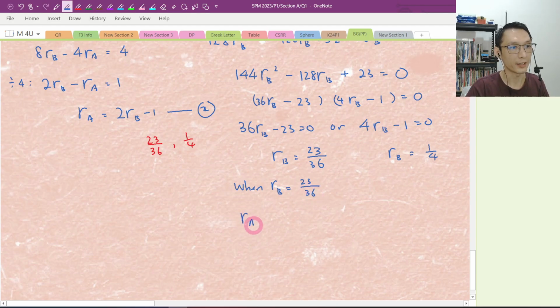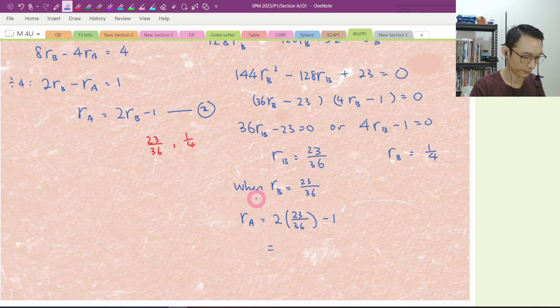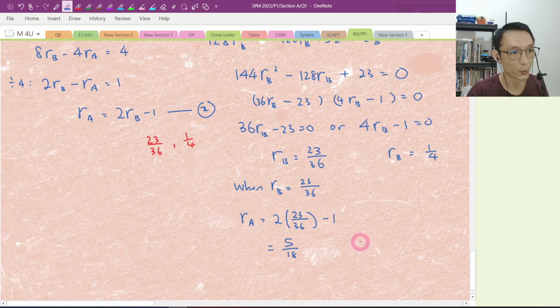So the r of A is equal to 2 times this, 2 times 23 over 36 minus 1. Okay, just press your calculator. You will get 5 over 18. 5 over 18, yes.